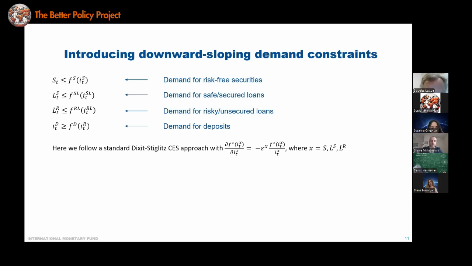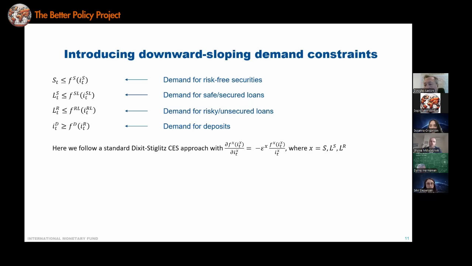For instance, if I'm a household and I go to the bank and I need some amount of money, therefore I need to borrow from the bank, I would probably pay attention to the interest rate. If the bank sets too high an interest rate, I will likely reduce my demand for loans. I will somehow downsize my consumption plans to avoid these too high interest rates, and so on.